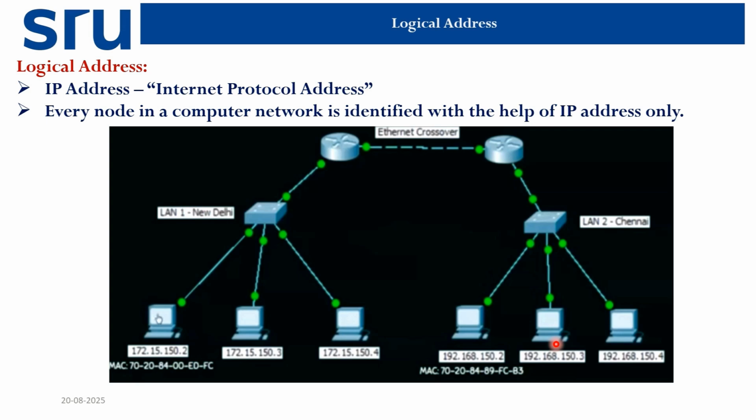It means the computer with the IP address 172.15.150.4 is going to send some data to 192.168.150.3. This is the IP address, because every node in the computer network is identified with the help of the IP address only. Now we will see more about this IP address.